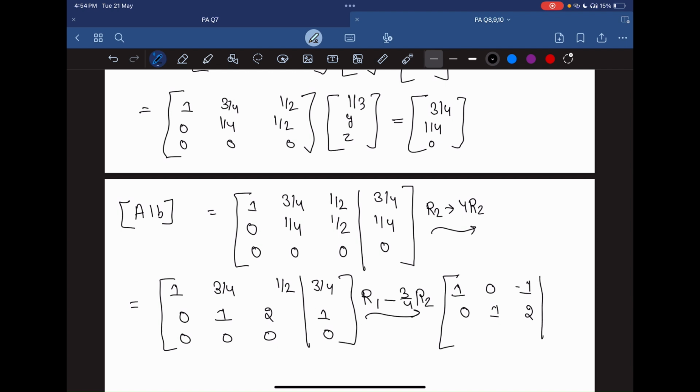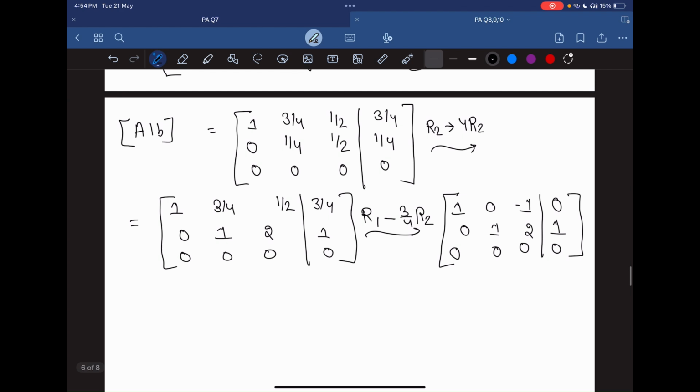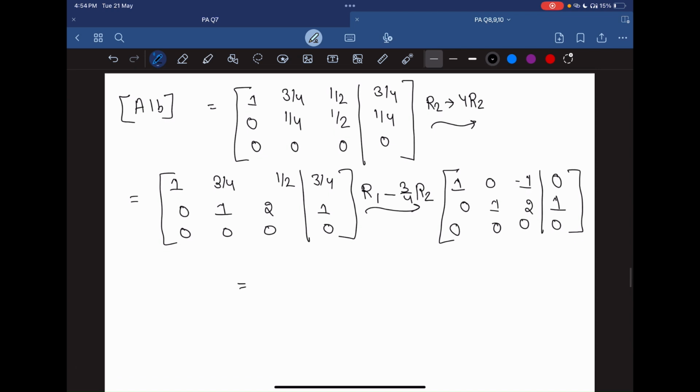Okay, it would be 0, 1, 0, 0, 0, 0. So now we have our augmented matrix in reduced row echelon form. So from here we get x minus z is equal to 0, which implies x is equal to z, and from this we will get y plus 2z is equal to 1.